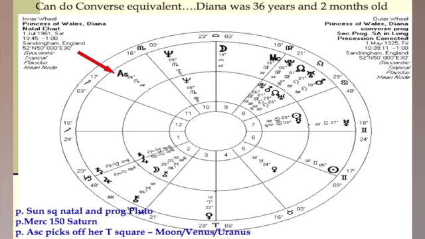Her progressed Mercury is quincunx Saturn. That's fairly tight, about a quarter of a degree. And her progressed ascendant, which of course has also gone backwards, is at 24, nearly 25 of Scorpio, and that picks up her T-square, her Venus, Moon, Uranus T-square, the T-square that describes her anorexia and emotional fragility, perhaps. Going backwards, you might interpret it slightly differently, but you can go backwards.